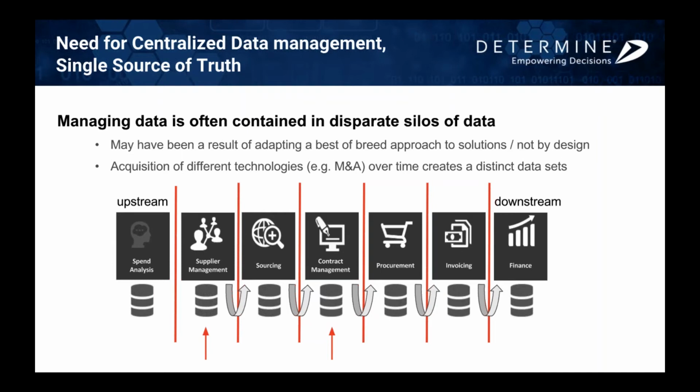Now, that can happen because of internal structures, how the company is set up. It could also be because you're using different point solutions or a cut and pasted together pseudo platform. That separation between suppliers and contracts can cause a lack of validation and certification before contracts are executed. And that makes it difficult or even impossible to manage third-party supplier risk and performance.